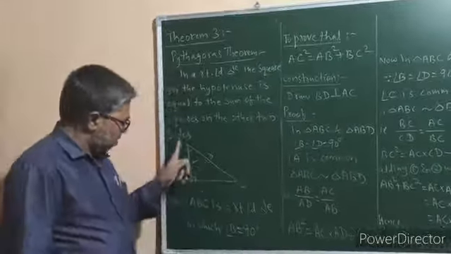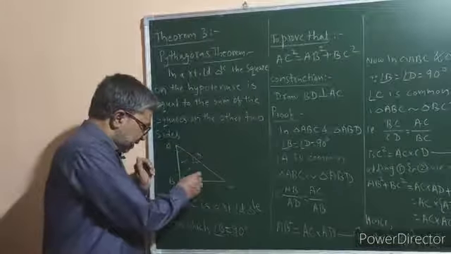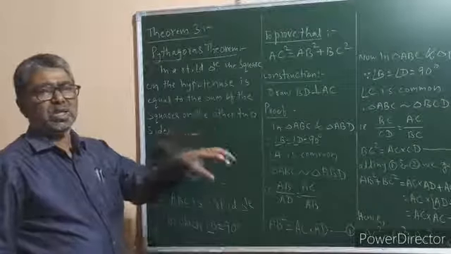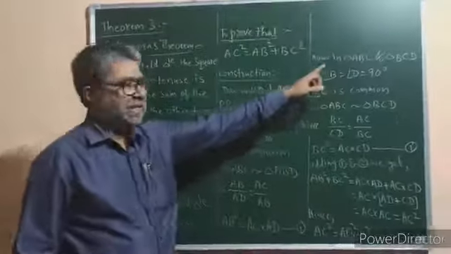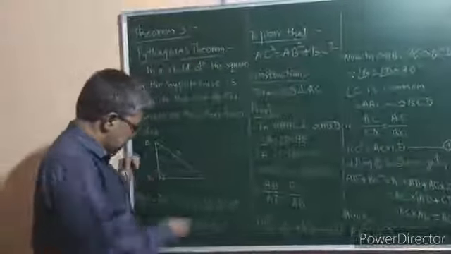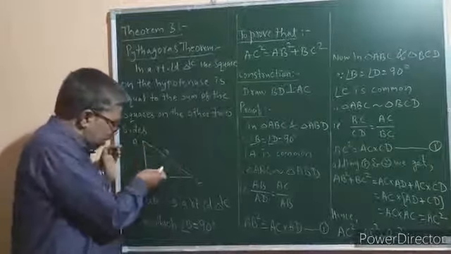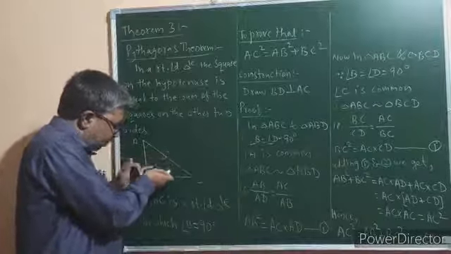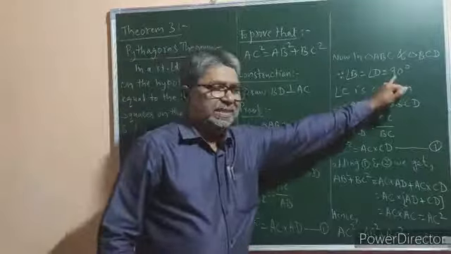Now along with triangle ABC, we have to consider the second triangle, that is BCD, and prove the two triangles are similar. In triangle ABC and triangle BCD, angle B of triangle ABC is equal to angle BDC, that is angle D of triangle BCD. Both are equal because both are of 90 degrees.